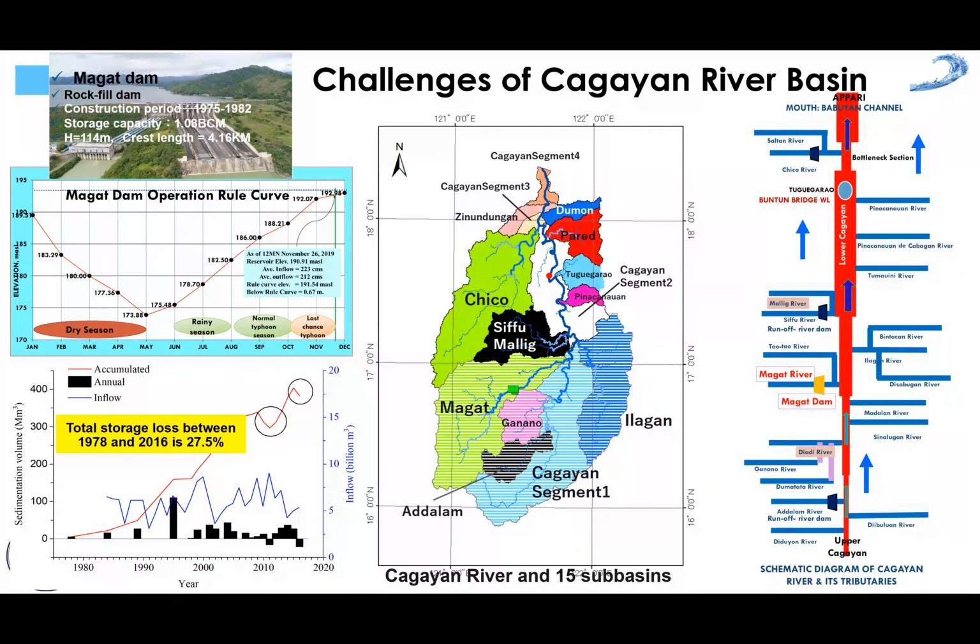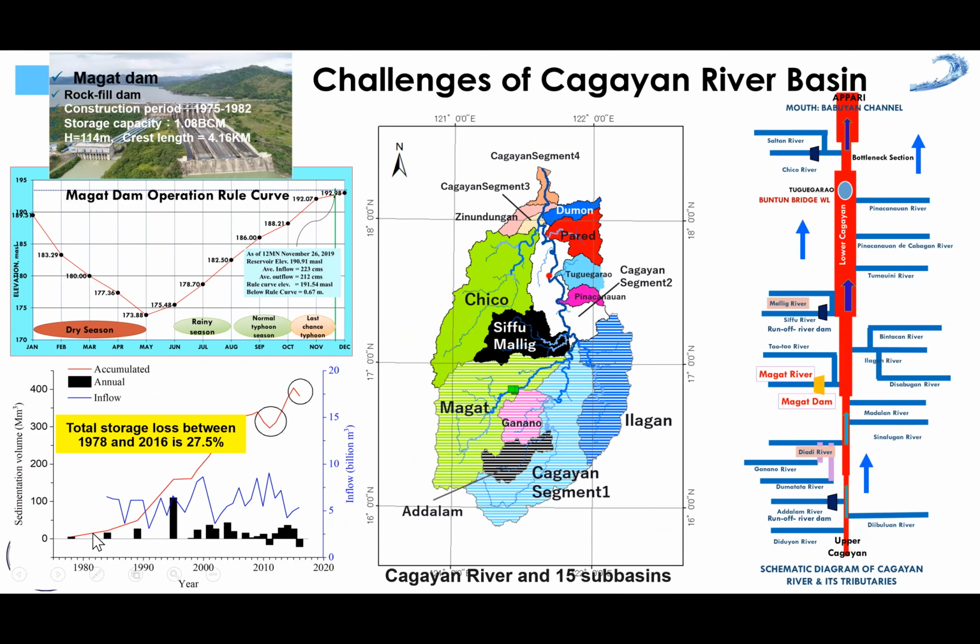If we go to the Cagayan River Basin in the Philippines, again, we found that this is the main river from upstream to downstream, and more than 20 tributaries are bringing water and sediment to the main river. As I said, there is only Magat Dam as one large dam, but many basins make a large contribution to the flow and sediment.